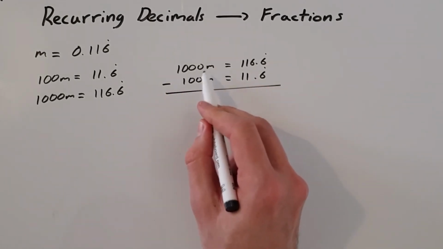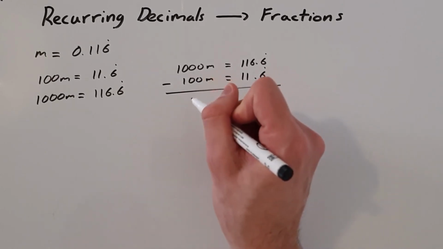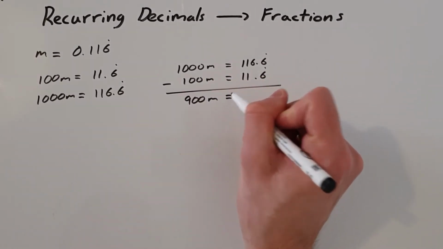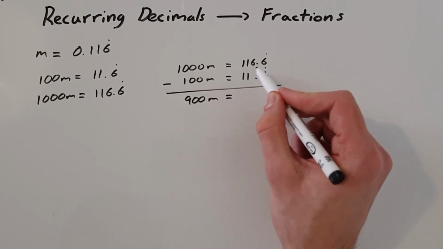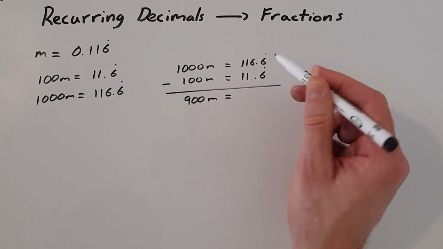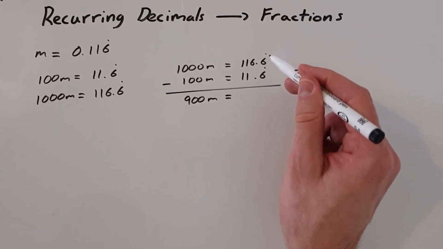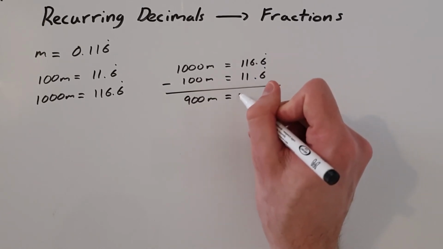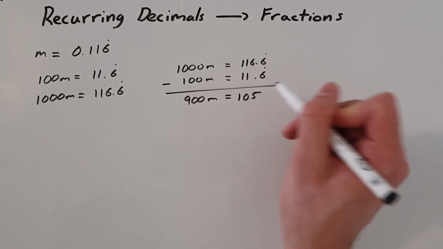So 1000m minus 100m will give 900m. Okay, and 116.6 minus 11.6 would be, so we get rid of the decimal points, and then 116 minus 11 will give 105.